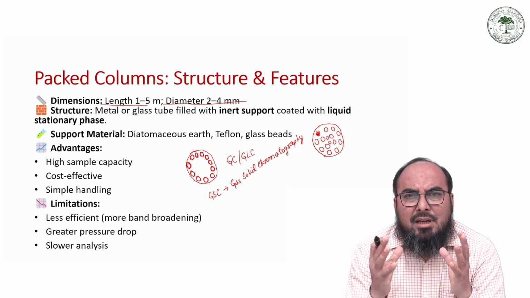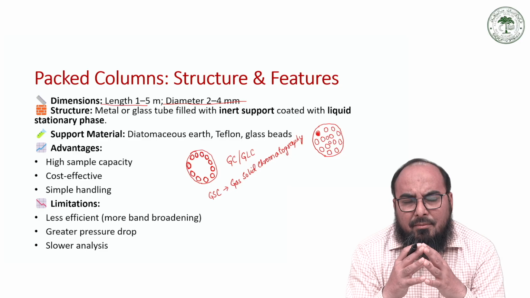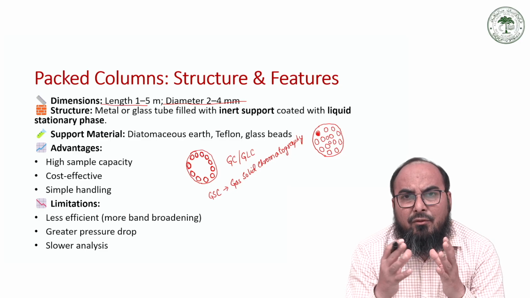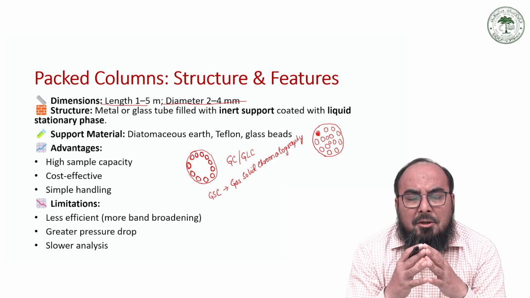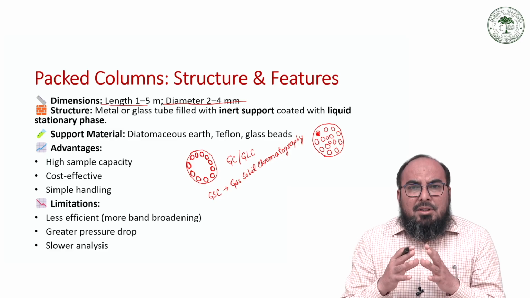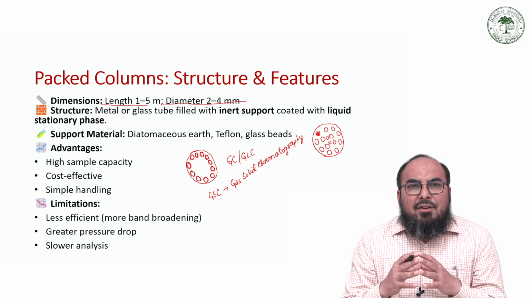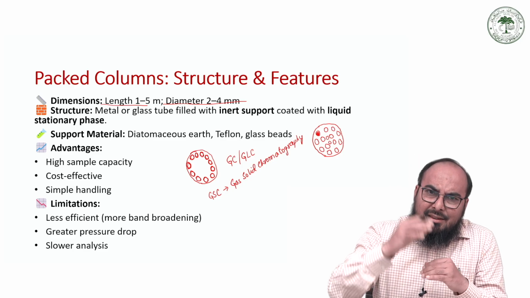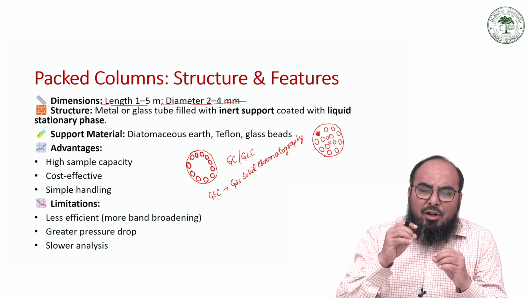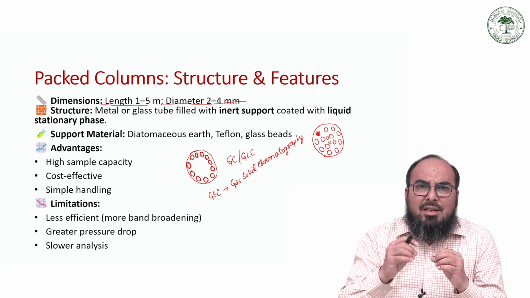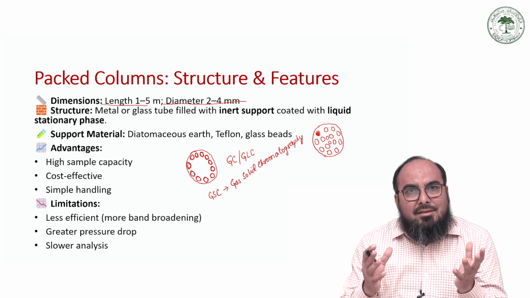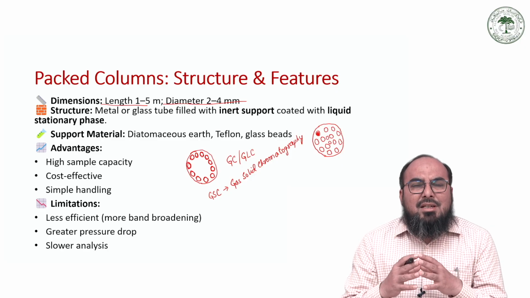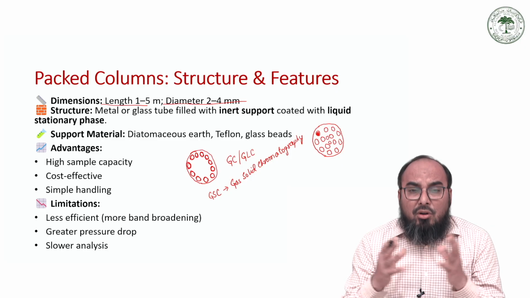But at the same time the length is small, and this small length gives you compromised efficiency, because the number of theoretical plates is less. If the number of theoretical plates is less, then the efficiency, or the resolution, is not good.